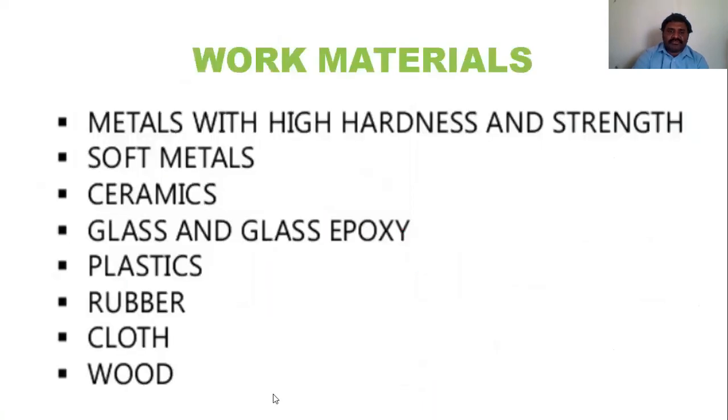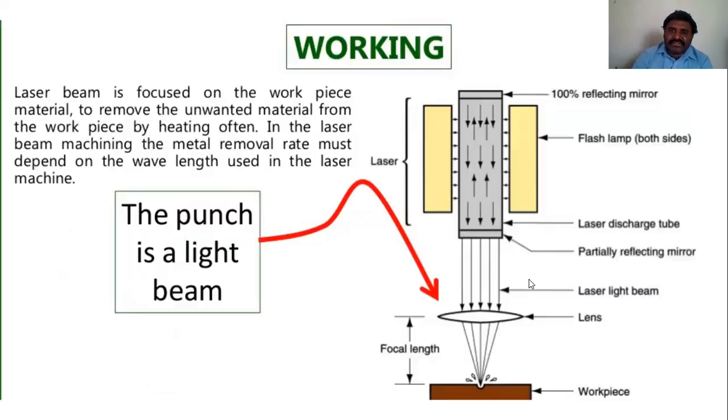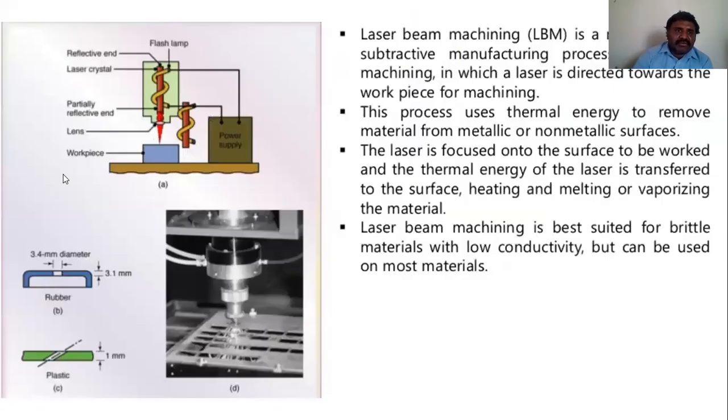As work material we can use metals with high hardness and strength, soft metals, ceramics, glass and glass epoxy, plastic, rubber, cloth and wood, as I have already said clearly from this diagram.